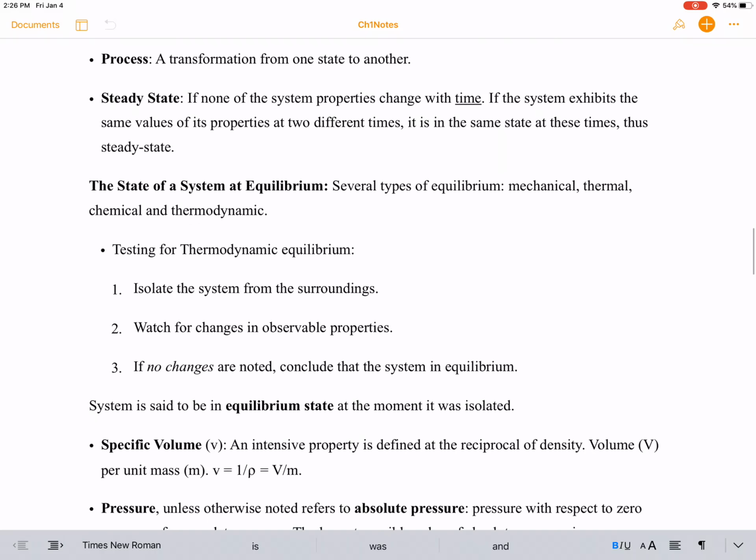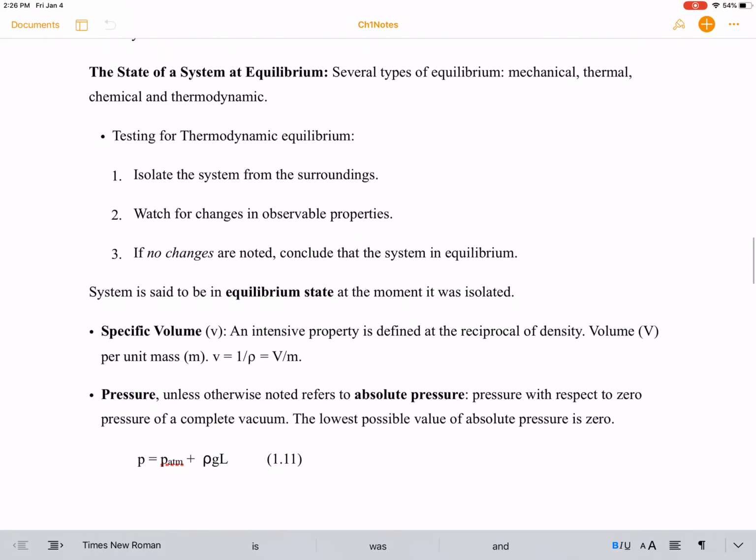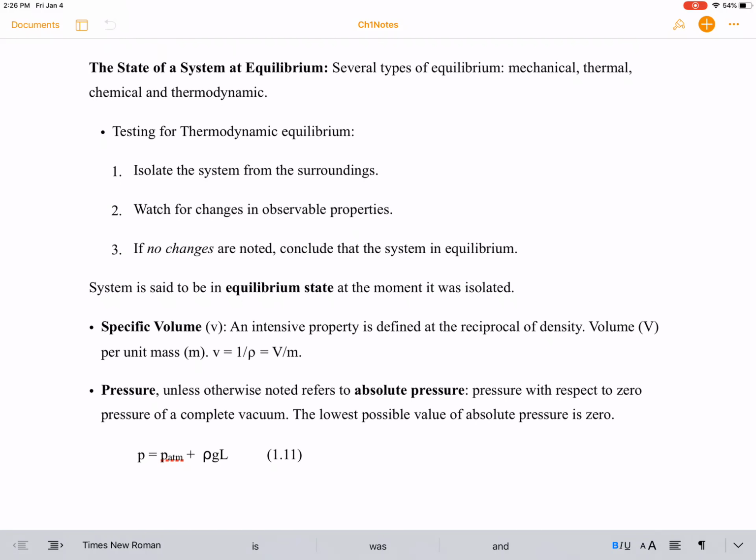State of a system at equilibrium: there are several types of equilibrium: mechanical, thermal, chemical, thermodynamic. The way we test for thermodynamic equilibrium is we isolate the system from its surroundings. So again, to isolate it, we insulate it so that there's no heat transfer or energy transfer across its boundary.